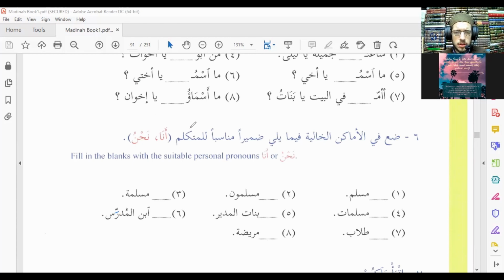Okay, what else did I want to point out? Oh yeah, just the declension of al-mutakallim. So we get takallama, that is the root. Kallama is form 2. Kallama Allahu Musa takliman. That's form 2. If you add a ta to the beginning of that form, it's a different form.